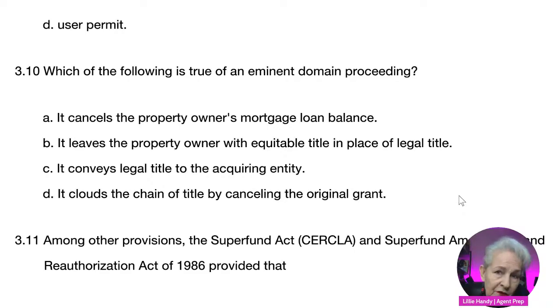A portion of the property is then granted to the government through eminent domain proceedings. And the legal title of that particular portion of the property conveys to the acquiring entity, being the city, the county, the government, whoever's taking over it. But it is done for public use.